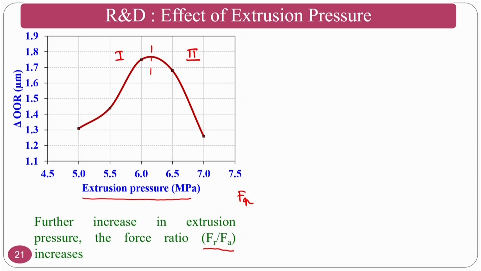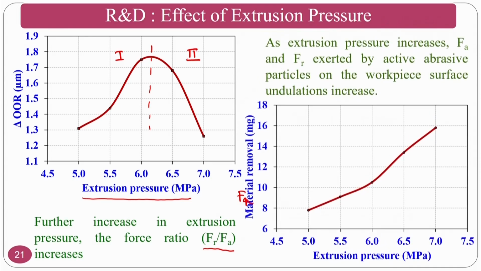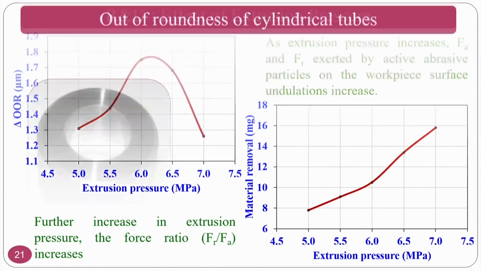That is why in the second region the material removal is less, that means shearing is less, because of which the out of roundness change is less. However, you can see the cumulative material removal will gradually increase.